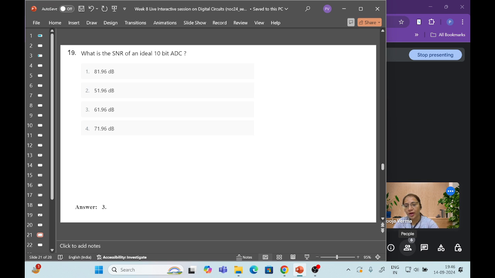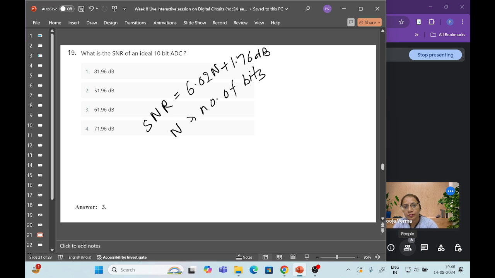In order to find the signal to noise ratio in dB, the formula is 6.02 n plus 1.76 dB, where n is the number of bits. It is already in dB, so just put the value of n, which is 10, as given for a 10-bit ADC.